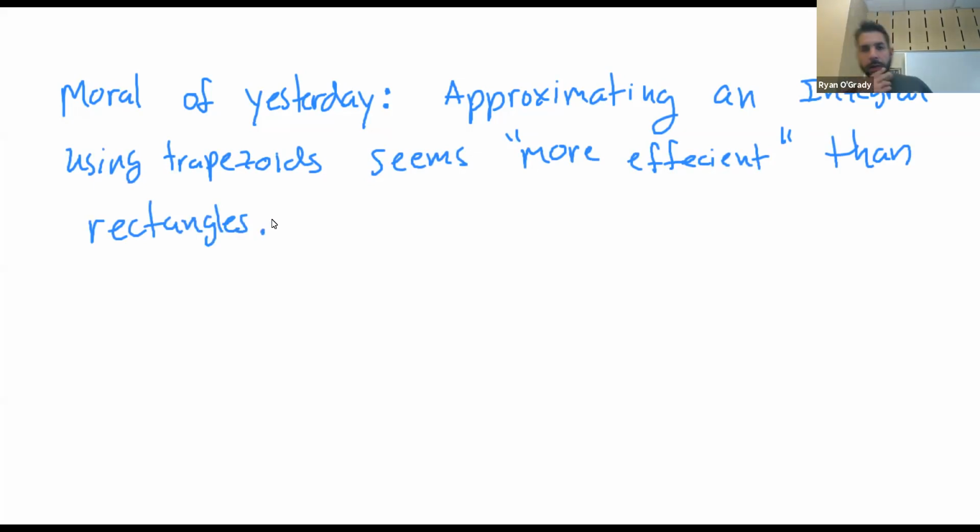So why do I say that that was the moral of yesterday? Well, we did some examples yesterday. Namely, we studied a known integral, the integral of x squared. And we used that simple example because we knew its exact value, which is a third. And we did examples using a right Riemann sum, that's a rectangle.